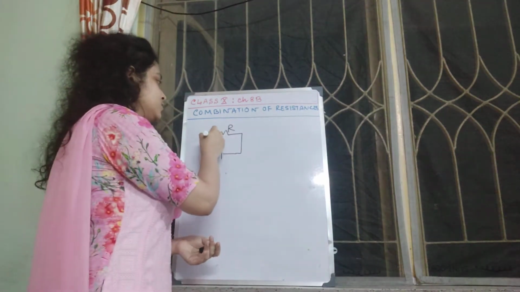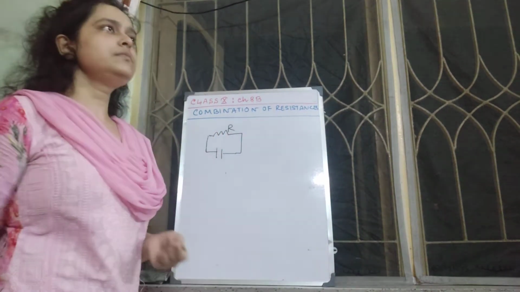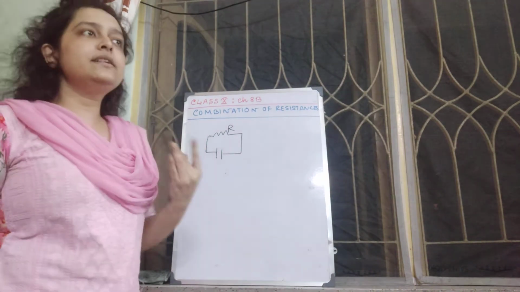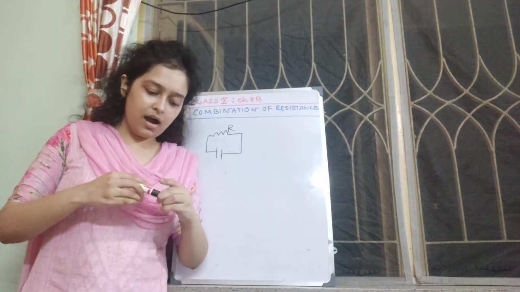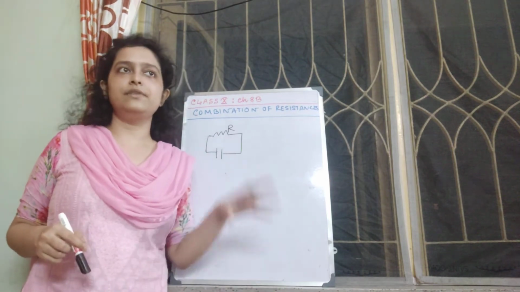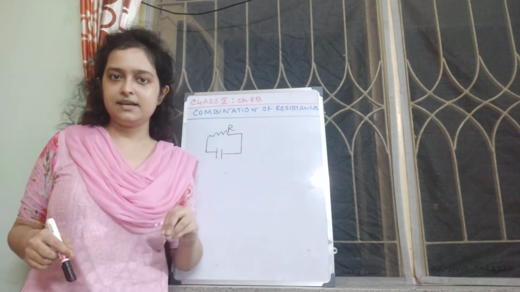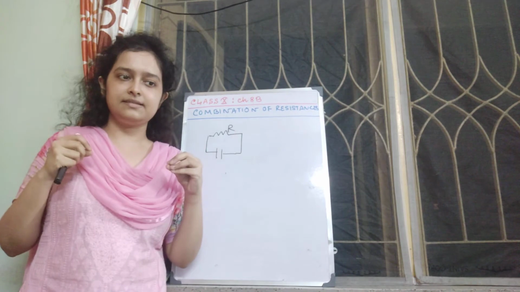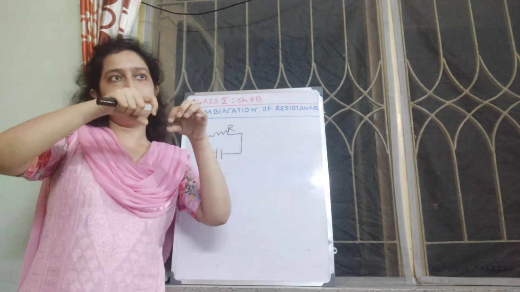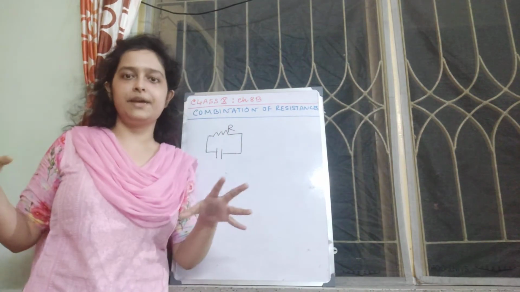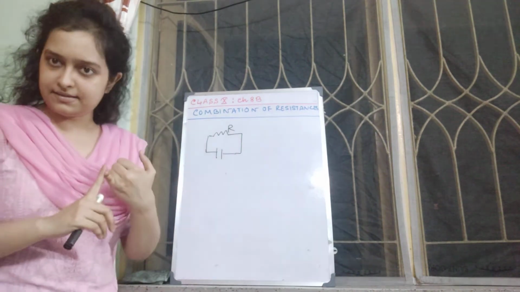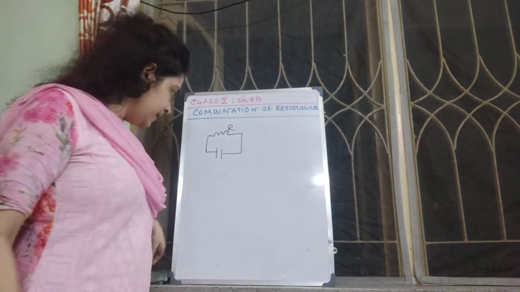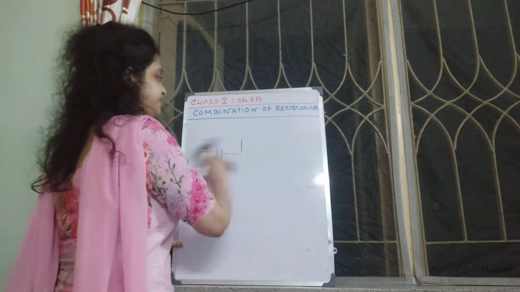You found that I have used one resistance. Now, sometimes we need to use more than one resistance also, and at those times we can use the resistances by arranging them in such a way that a few cases arise. Let's see one by one what are the cases.